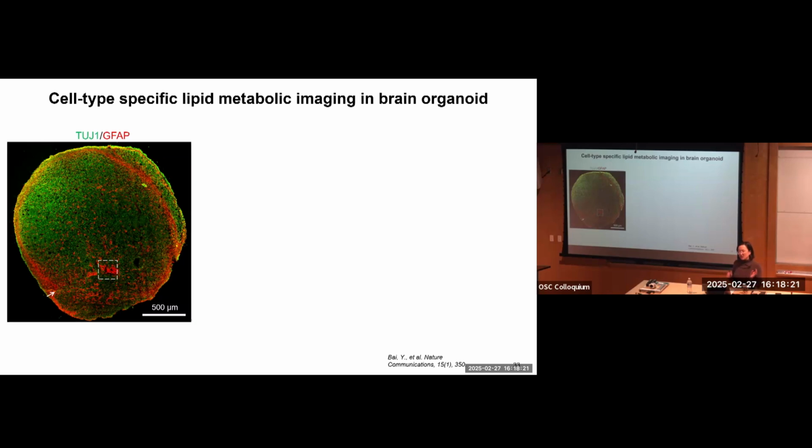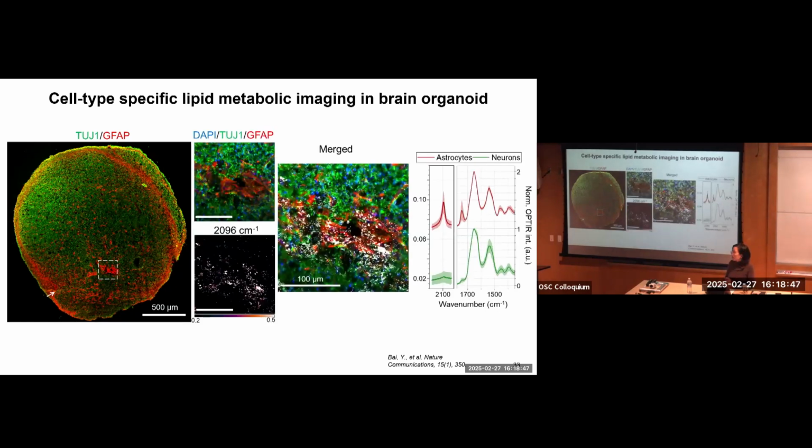So we throw our probe into the brain organoid cell culture, and after 24 hours of incubation, we fix our sample and thin slice it, and then do the immunohistochemistry for two cell types. One is TUJ1 for the neuronal marker, and GFAP for the astrocyte marker. We then focus on one smaller region of interest and perform the MIP imaging here for the newly synthesized lipids.